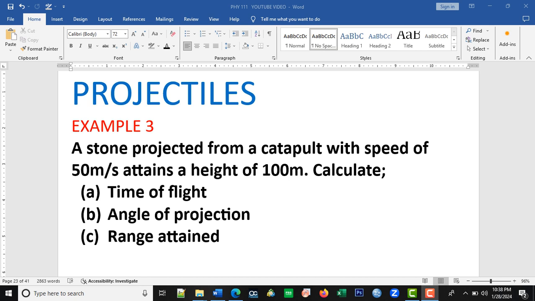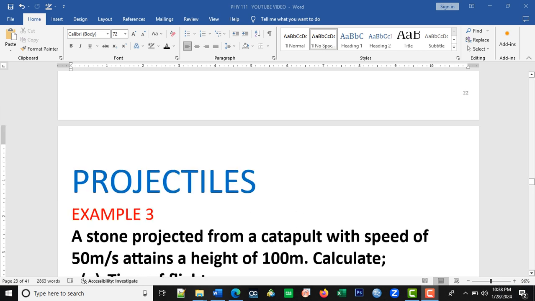So we need the exact formula for us to be able to solve these problems. For that reason, I am going to drop the formula here so that I would be fast in solving.